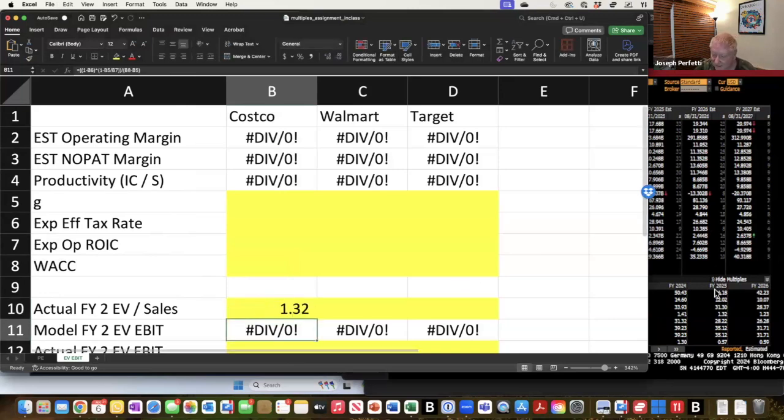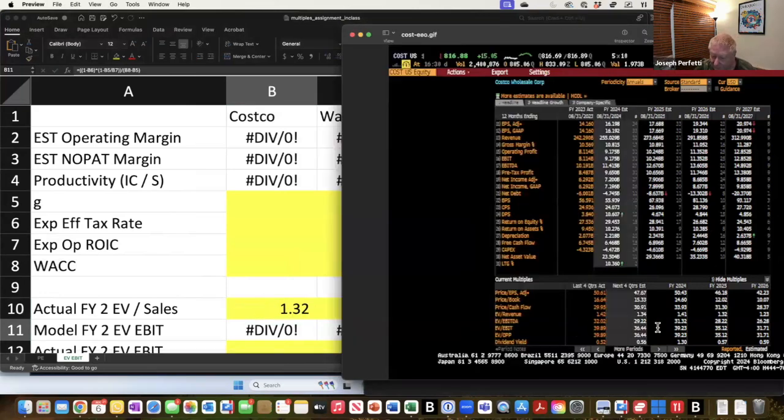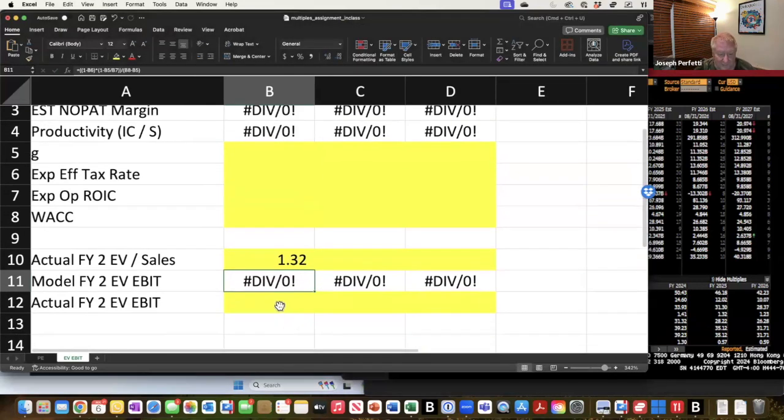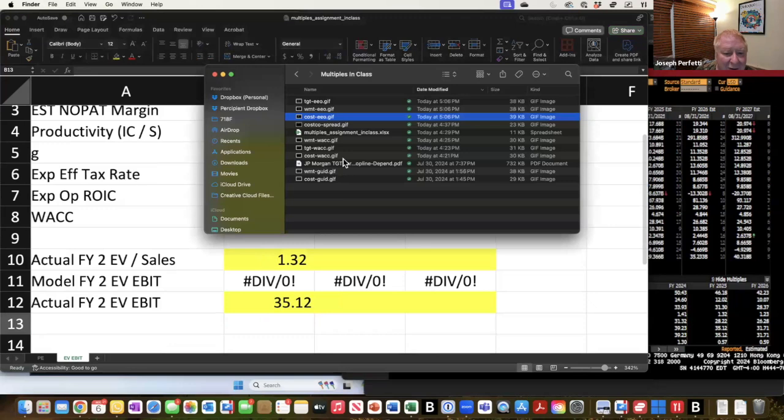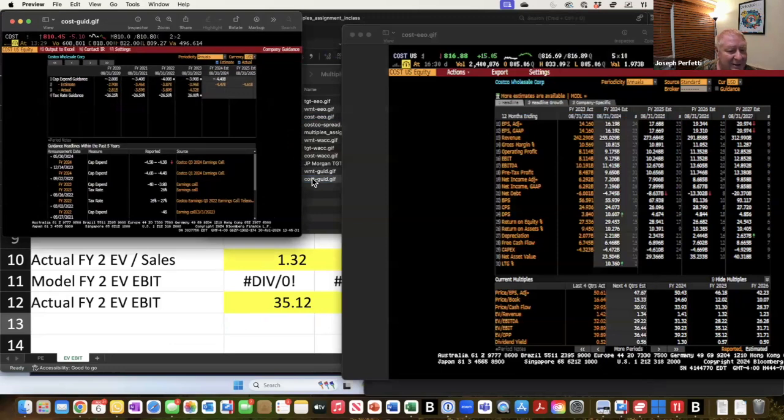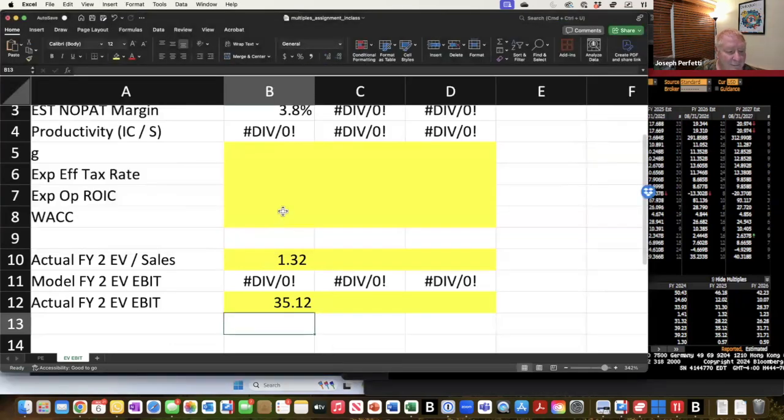EV to EBIT, second forward year, 35.12 today. Okay. Tax rate. We can get that off of the company guidance screen. So for Costco, the guidance, same as our DCF, 26%. We did our modeling last week.